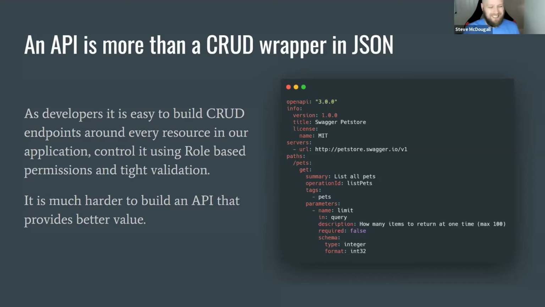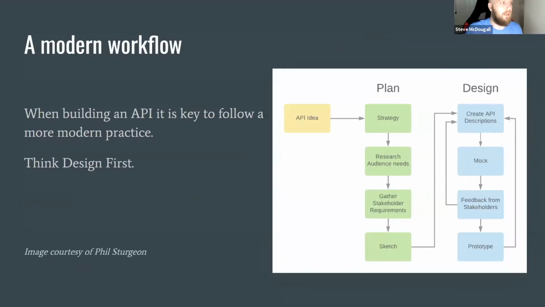So it's easy to build these CRUD resources and just use JSON to interact with it with your Laravel API, then controlling it using your standard role-based permissions, or in Laravel using gates. And it's a lot harder to build an API that's going to not only provide better value to the people using it, but give that trimmed down view of what's actually needed within your API.